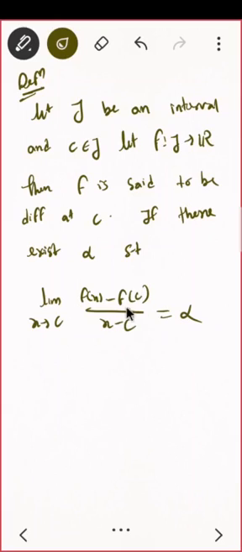That means in particular this limit should exist, and this alpha can be anything, I don't care, and that alpha we used to call f dash of c.